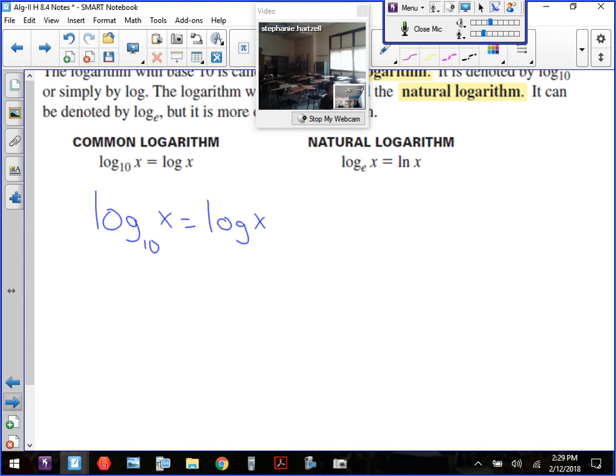Common log is the idea where you have log base 10. When you have log base 10, they just don't write base 10. Sometimes they do, sometimes they don't. Just remember, if you see something that doesn't have a specifically written value for the base, it is implied that it is base 10. Same idea as when we talk about coefficients of values. If there's no number in front, it means that the coefficient is 1. It's the same basic principle.